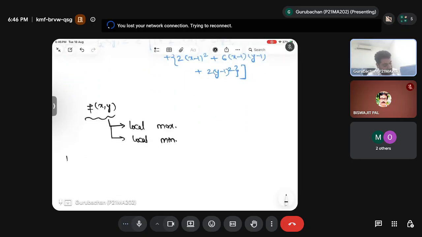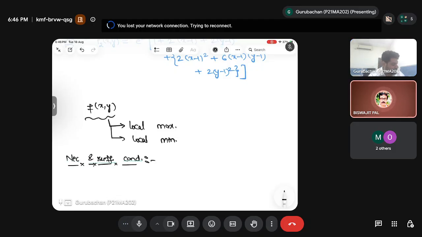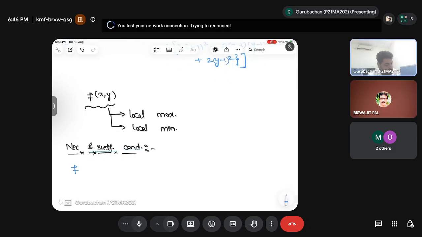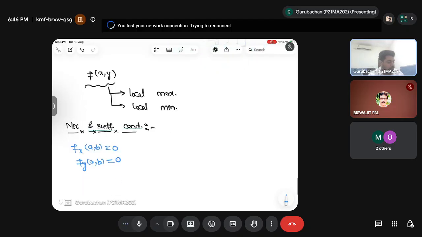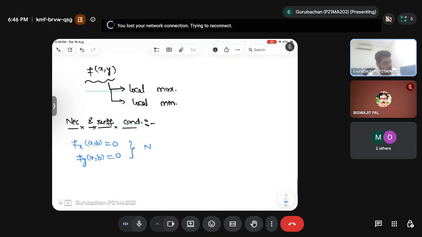So what is its necessary and sufficient condition? Do you remember it? Sir, the necessary condition is that the first order partial derivatives will vanish at that point. Correct. So fx at (a, b) should be 0, and fy at (a, b) should be 0. This is your necessary condition.